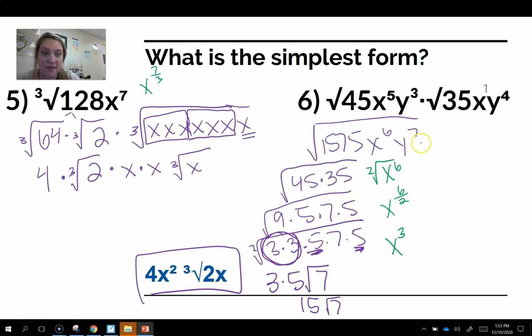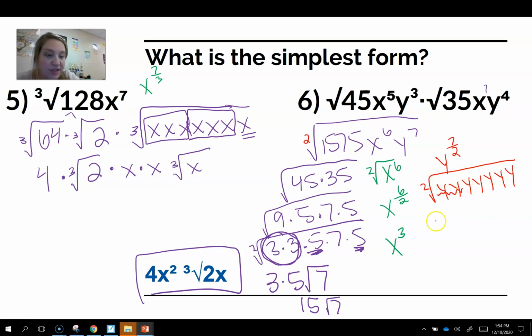The last one, y to the 7th. Again, if I rewrite this as 7 divided by 2, because there is a 2 right here, that does not simplify. So if I look at this, 7 y's: 1, 2, 3, 4, 5, 6, 7. If my index is 2, we're looking for groups of 2 to leave the radical.